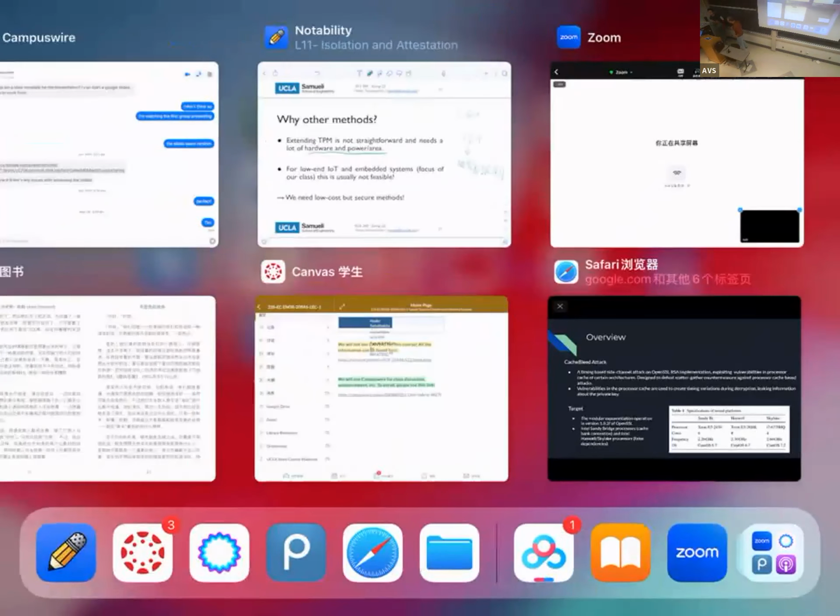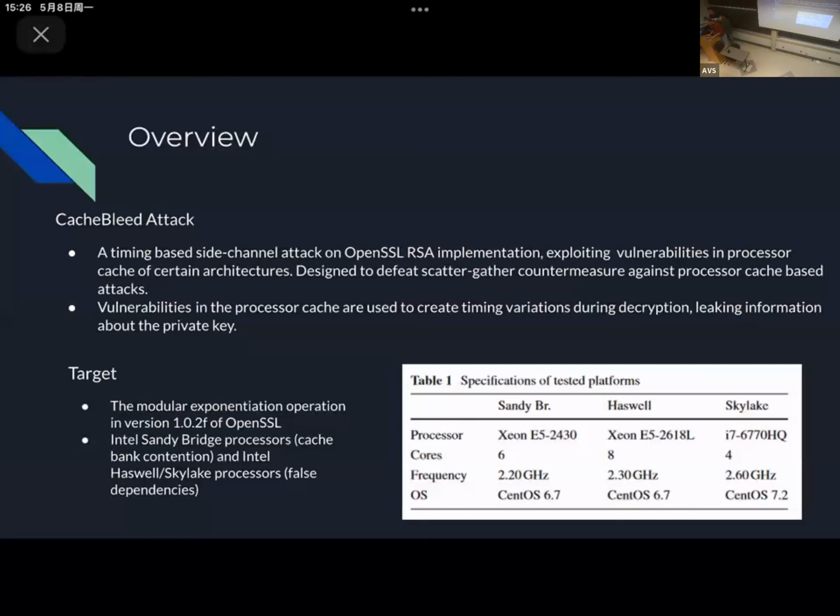Okay, so just to summarize the attack, Cache Bleed is a timing-based side channel attack on OpenSSL. Basically, it exploits certain cache vulnerabilities in order to recover secret information and ultimately recover the private key.